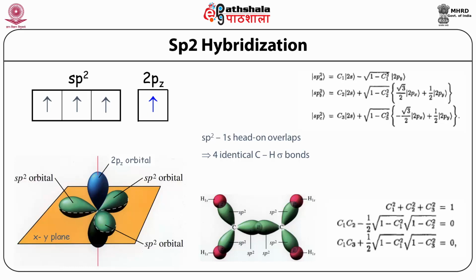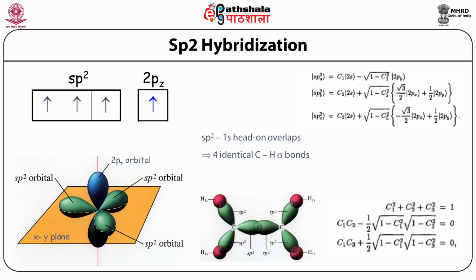As shown in the next figure, we have the sp2-1s head-on overlap, that is, we have the 4 identical CH sigma bonds, and there is the overlap of the sp2 orbital and the 1s orbital.